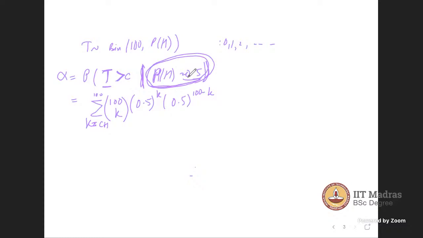Yes, ma'am, but the denominator is missing. We have to divide the entire equation by the probability. You get what I'm saying? Yeah, I get what you're saying. I'm asking why we are not using the conditional probability formula here. I understood what you have written in the below part also. I just want to know why we are not dividing by the probability of H equal to 0.5.